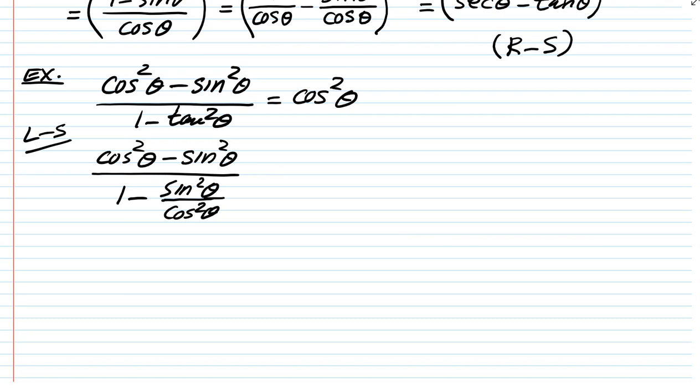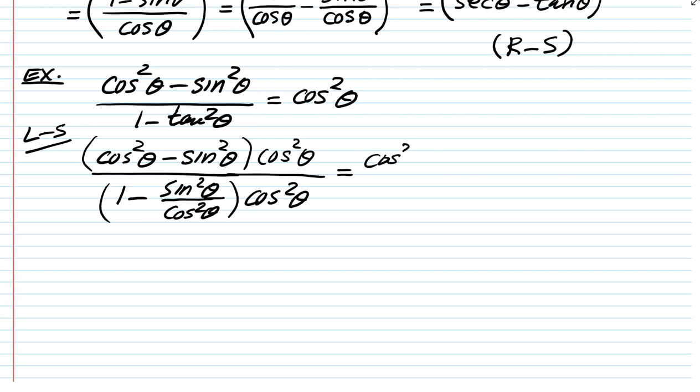Well, let's multiply top and bottom by cosine squared, because I have a complex fraction over a fraction. I'm going to multiply top and bottom by cosine squared. So the numerator is what it is. In the denominator is my focus. So let me just rewrite the numerator.